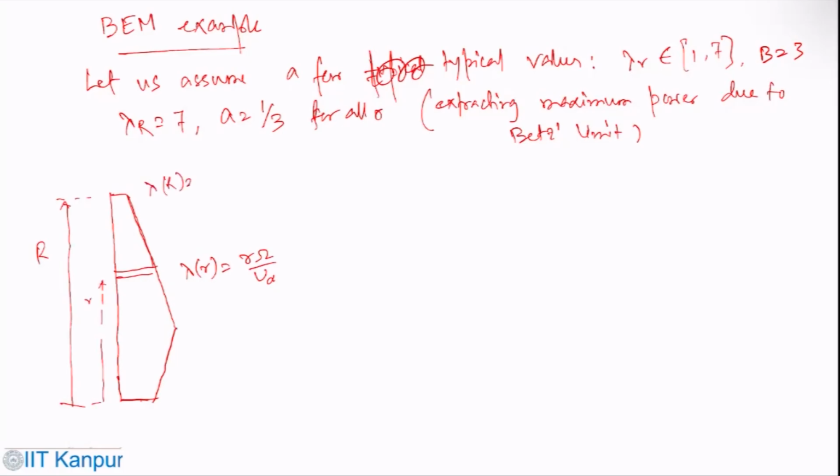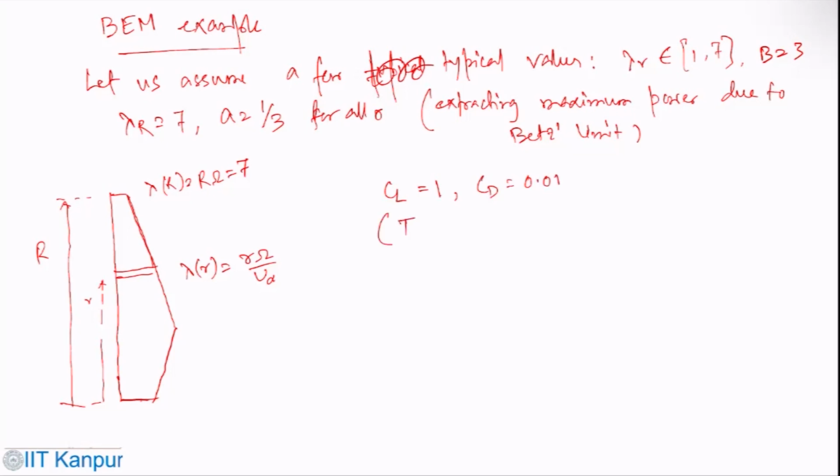This is lambda of r omega, which is 7. Okay, so here what we have is CL equals to 1, CD equals to 0.01.